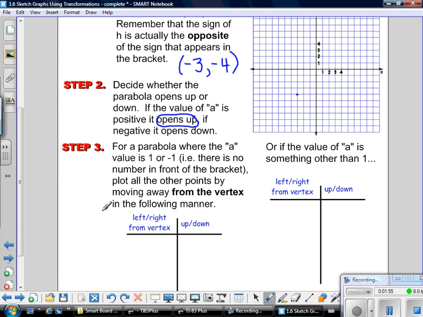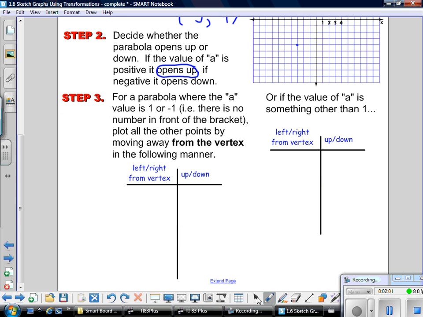In other words, we plot all the other points by moving away from the vertex in the following manner. This was the step pattern I talked about before: over 1, up 1 squared; over 2, up 2 squared; over 3, up 3 squared; over 4, up 4 squared; or over n, whatever n is for the number, up n squared.